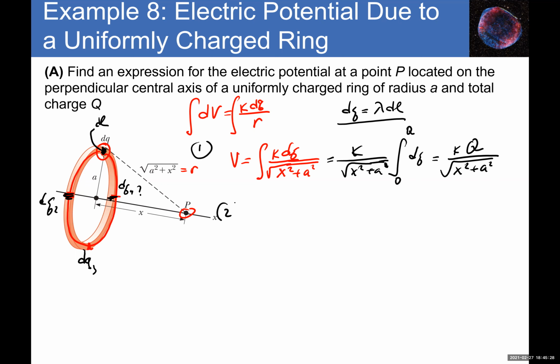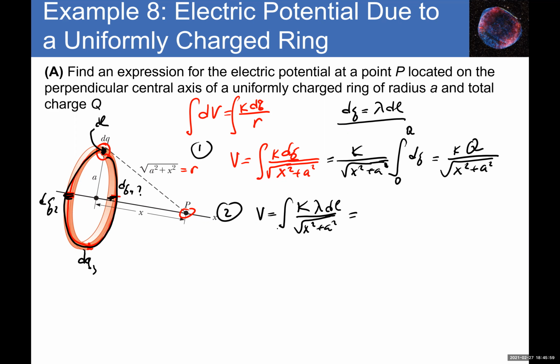But I can also do it with version 2 of this equation, where V equals the integral of k, replacing dq with lambda dl, over the square root of x squared plus a squared. Here I replace dq with dl, meaning a small arc length element, and when integrating I go around the arc length of the ring.